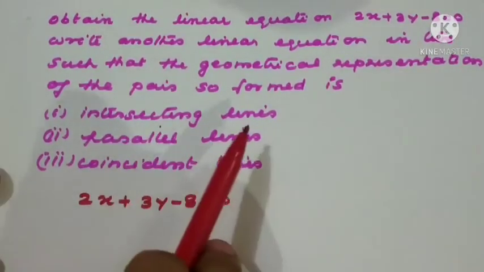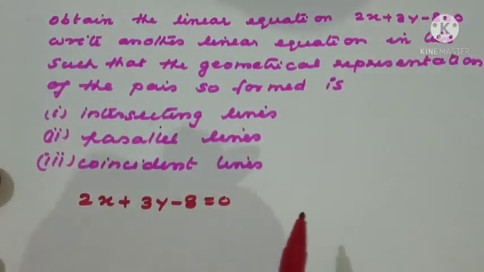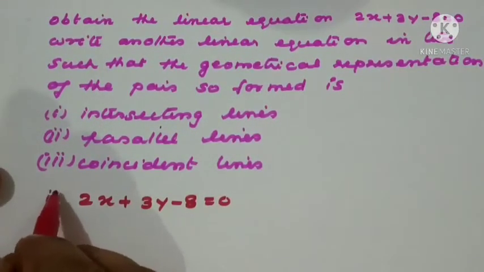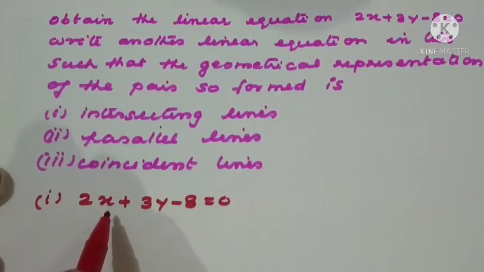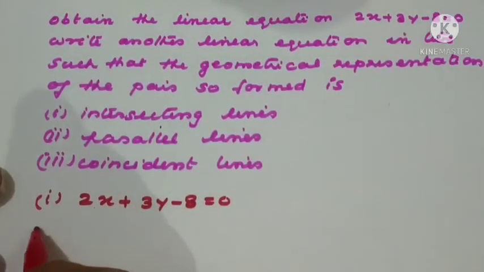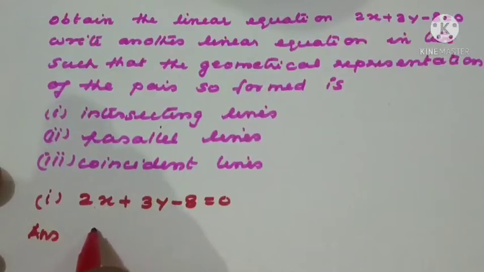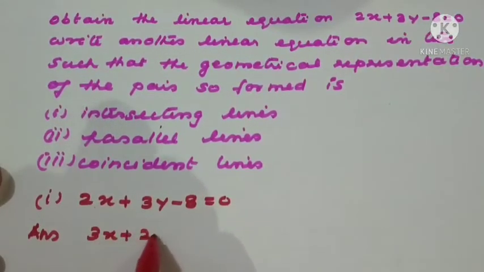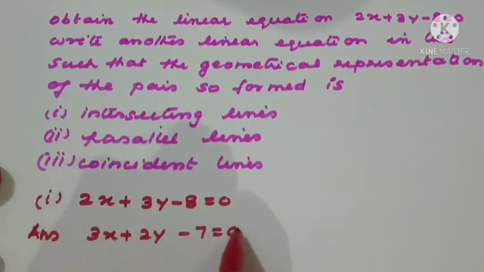If it is intersecting lines, what is the condition? a1 by a2 not equal to b1 by b2. So for the first condition, we should just change the coefficients of x and y. So the answer is 3x plus 2y minus 7 equal to 0.